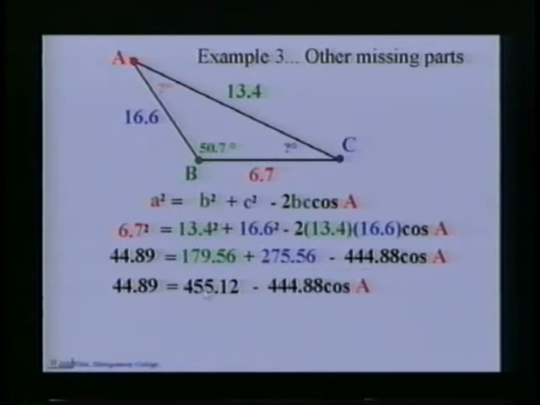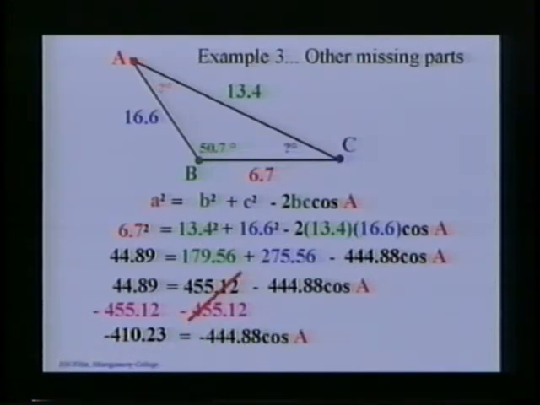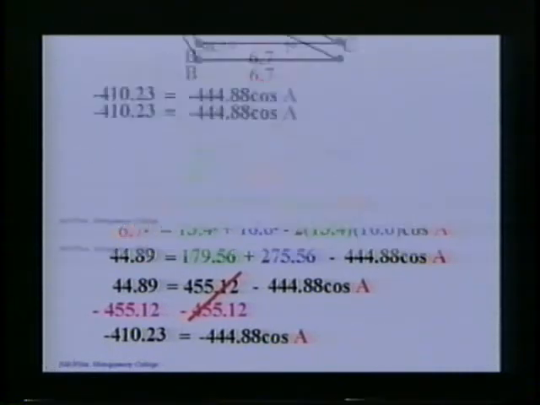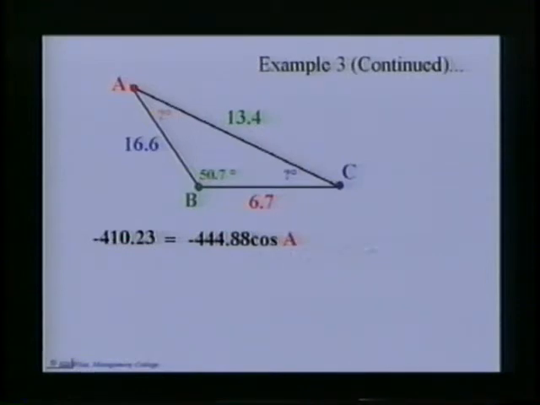Now I'm going to subtract 455.12 from both sides. On this side I'll get negative 410.23. That'll cancel, and on this side I'll just be left with what's there. Now let's go to another page. That's what I'm left with so far. What's keeping this from being by itself, this troublemaker?